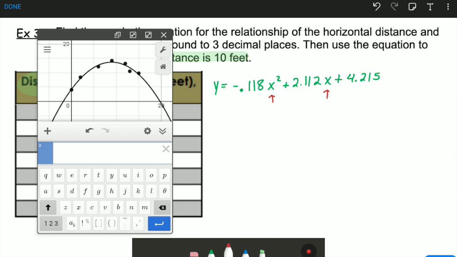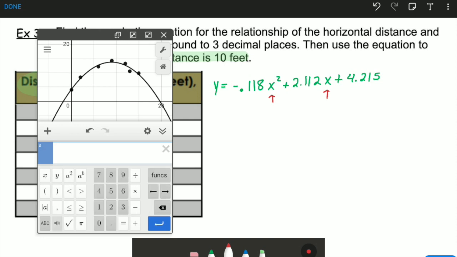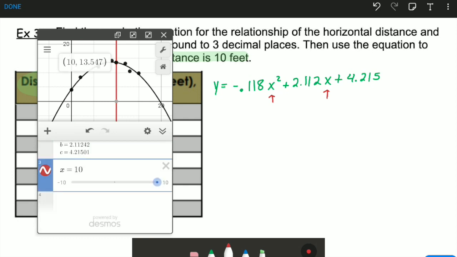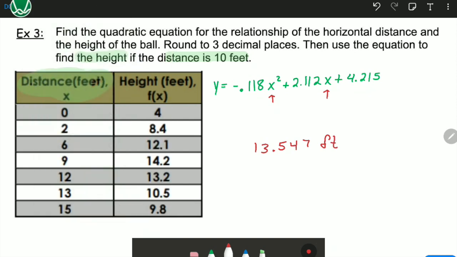Since the x value is 10, I'm just going to type in x equals 10. They intersect right there. So if we have a horizontal distance of 10, we have a y value there of 13.547 feet.